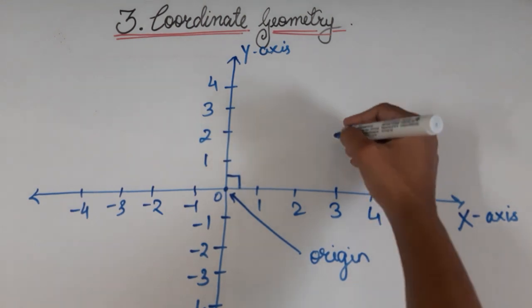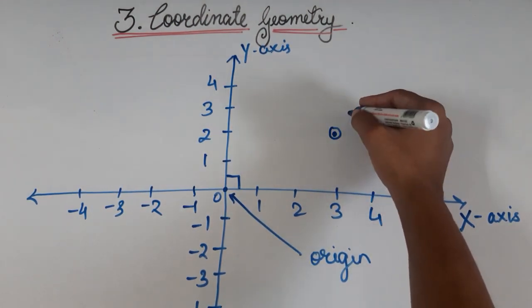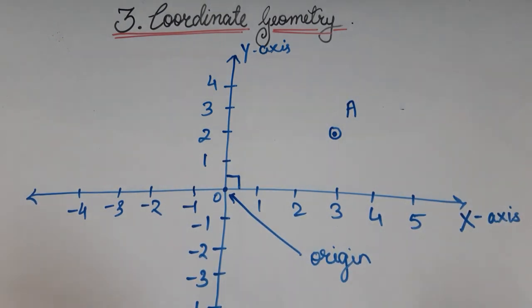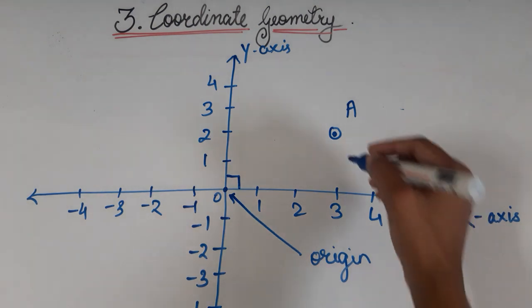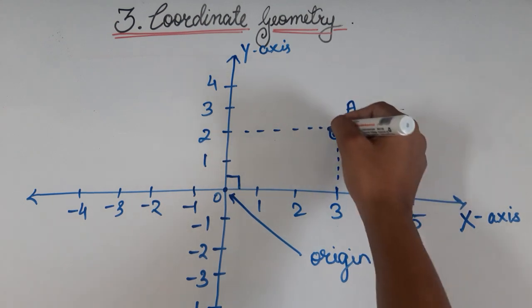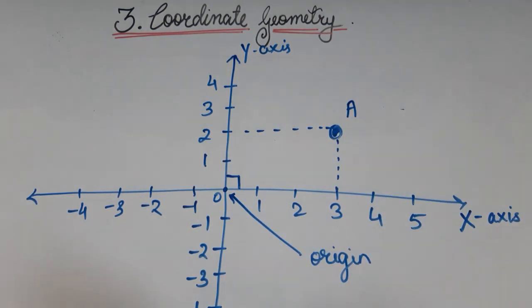Now let us consider one point here. The name of this point is, say, A. Now we want to find the position of this point. We will require two numbers to locate this point.